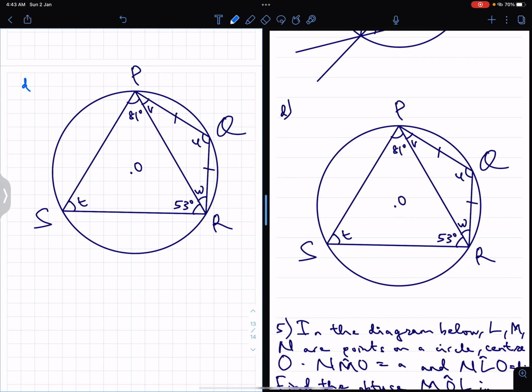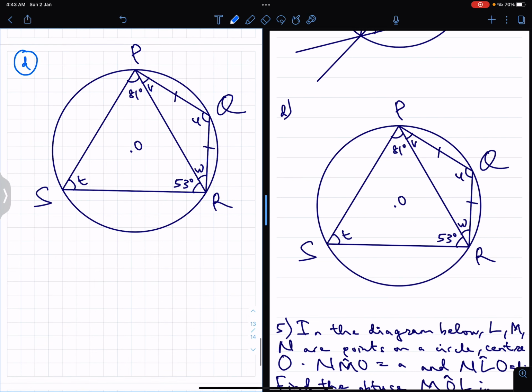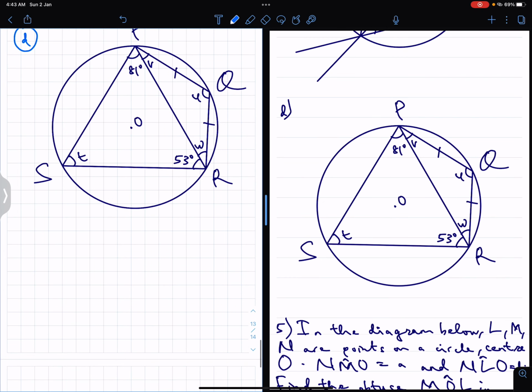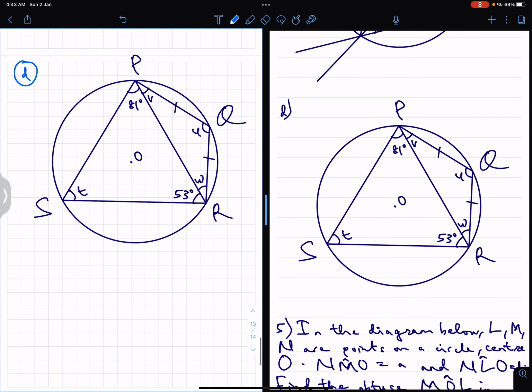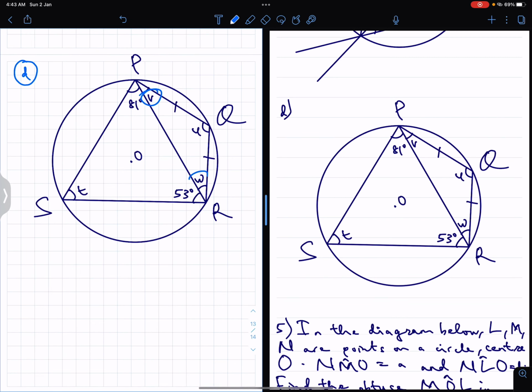Now D. O is the center of a circle, and we're finding angles U, W, V, and T. Those are the angles we're finding. Now, first of all, triangle PQR is isosceles. That simply means angles V and W are equal. These angles of an isosceles triangle are equal.